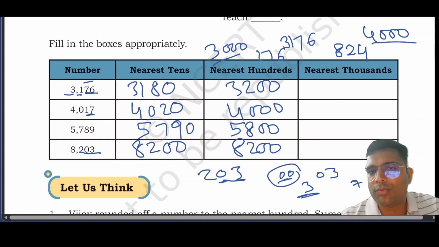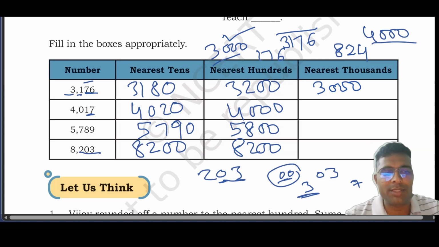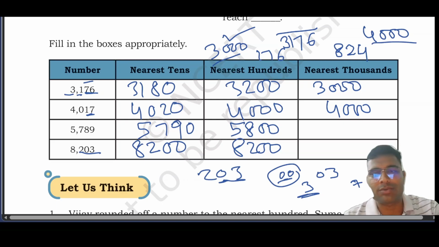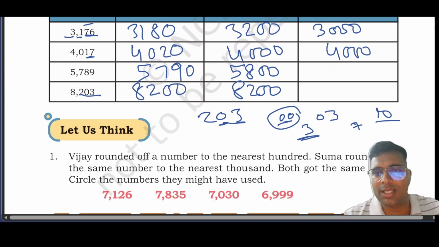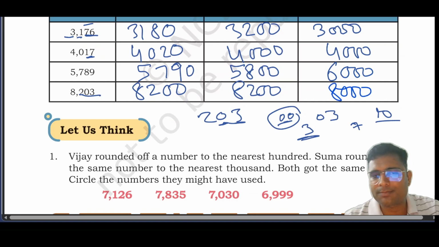Okay, so which one is the nearest 1000 to 3176? So nearest 1000 is 3000. In the same way, bachcho, you can find the other nearest 1000. In this case, here the nearest 1000 will be 6000, here the nearest 1000 will be 8000.